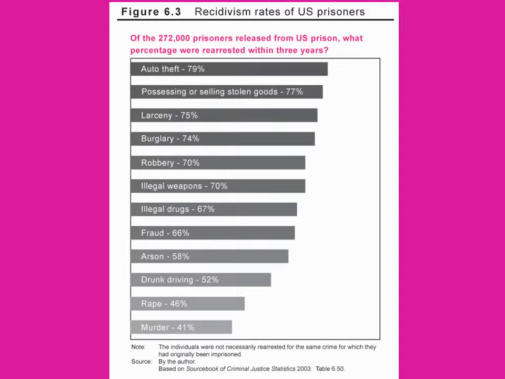So here, type of crime prisoners were originally convicted of would be one of those extraneous, potentially confounding variables. So you'd probably need and want to report recidivism in your study for each category rather than trying to come up with an overall recidivism rate lumping in all the categories of crime. Again, because of the various differences here in recidivism.